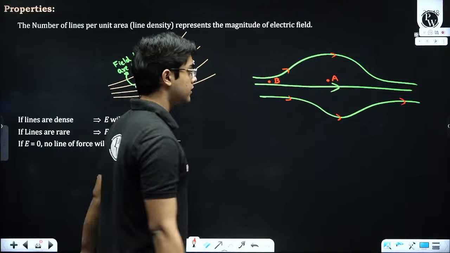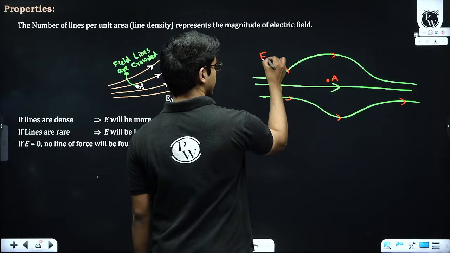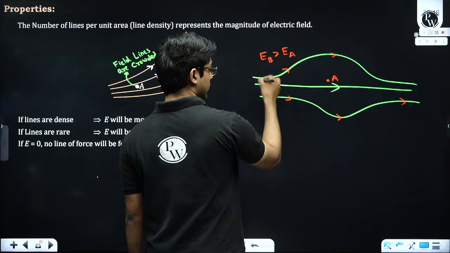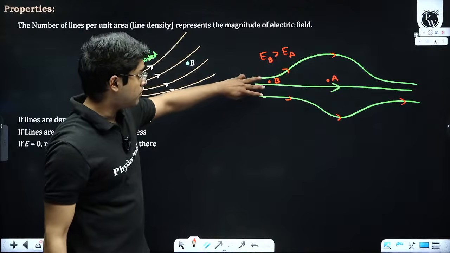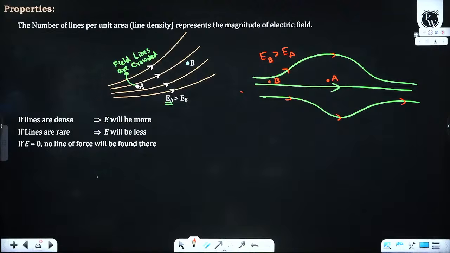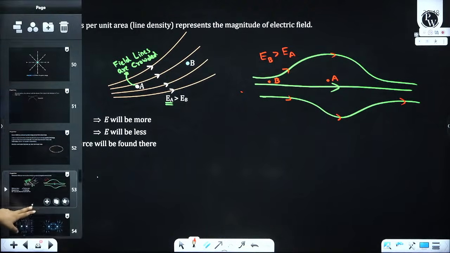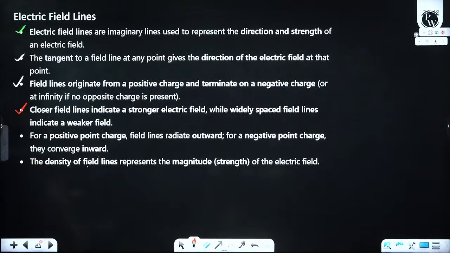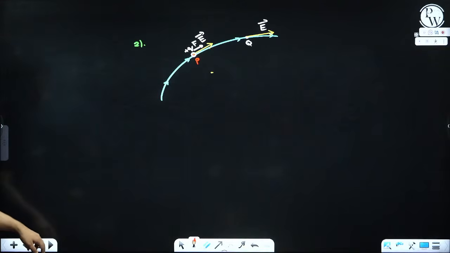So the field here is bigger than the field at A. So E_B will be greater than E_A, because here the field lines are close to each other, and there they are far away. So the density of field lines, how closely they are packed, tells us how strong the field is. Then, for a positive point charge, this we already saw. The last one is also the same.